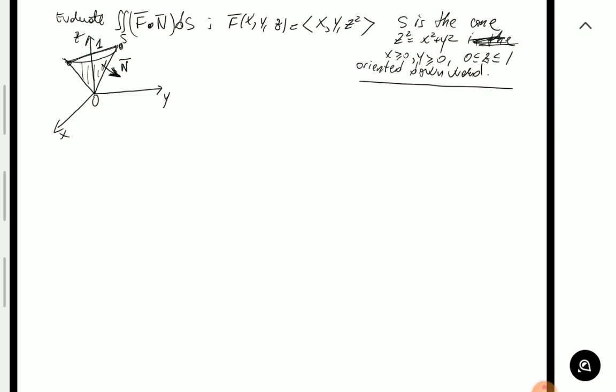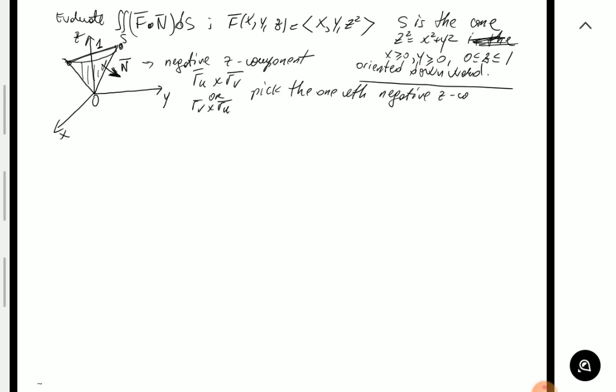Any normal that points outward, outside of the cone, will have a negative z component, just because of the shape of the cone. So when I compute Ru cross Rv, or Rv cross Ru, once I pick a parametrization, I'm going to pick the one with negative z component. It's as simple as that.